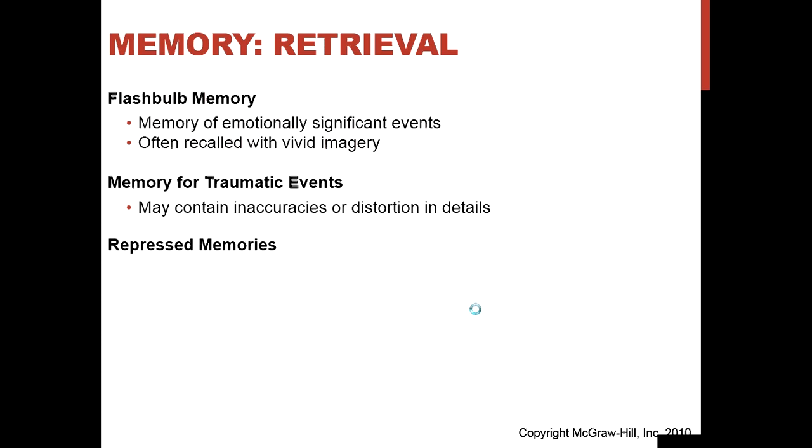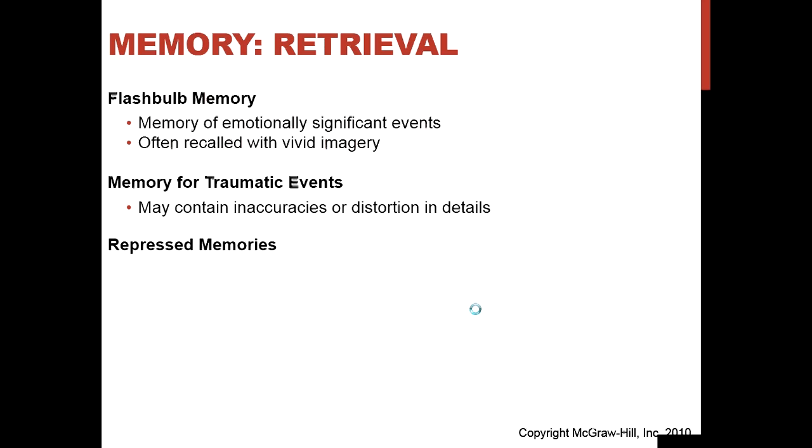Perhaps after the event has occurred, somebody asks us questions like, oh, what did the person look like? How tall were they? Did they wear a hat? What color was their shirt? And then our memory starts potentially failing on us a little bit.